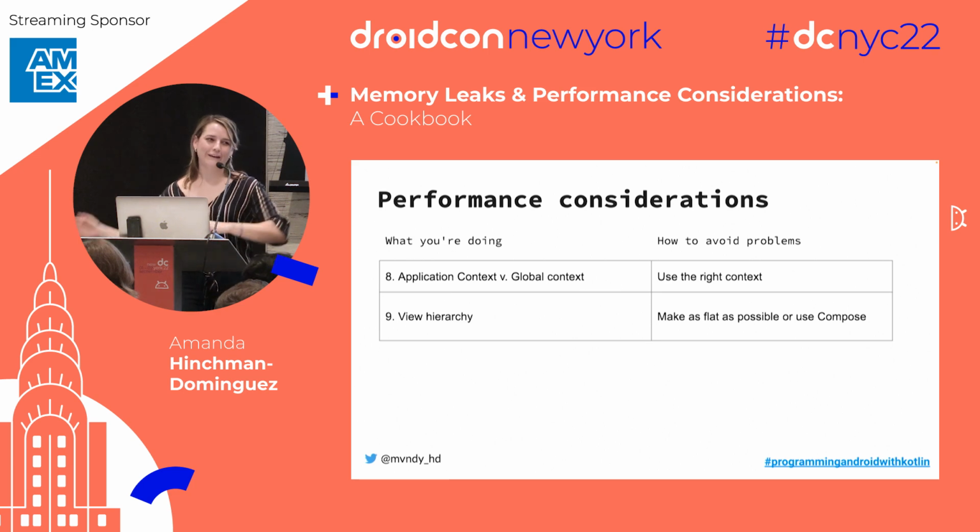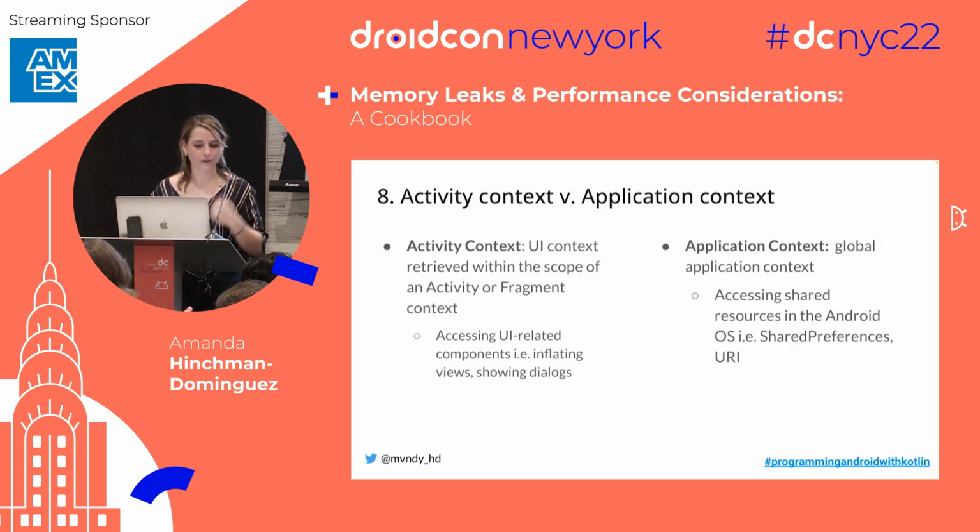Okay, so we have kind of a fun miscellaneous section. I just called it performance considerations. We talk a little bit about context and a little bit about view hierarchy. Okay, so activity context versus application context. Activity context, I like to think about it, is a UI context retrieved within the scope of an activity or fragment context.